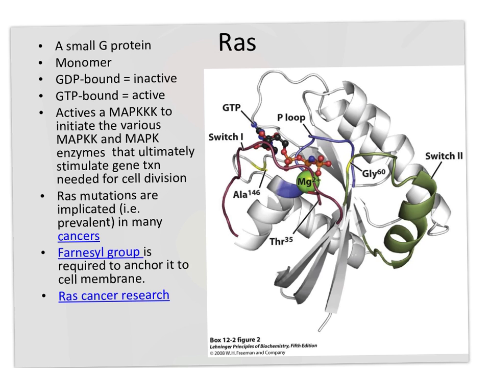I think there's also an NRAS, but HRAS and KRAS are the two that are the most prevalent. There's a specific point mutation in one of those, I can't remember which one, that causes over 90% of colon cancers. They're also involved in pancreatic cancers, and a lot of research is done on RAS. So it's this seemingly innocuous tiny thing.